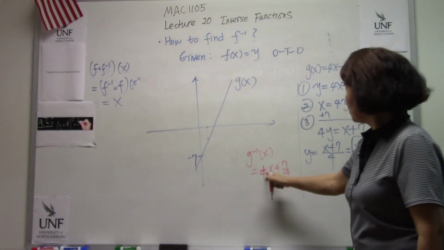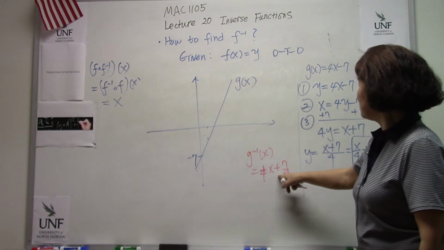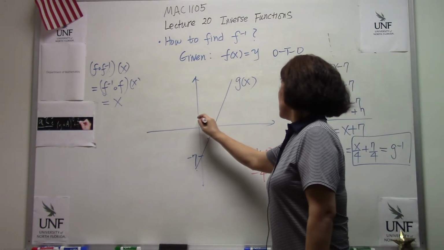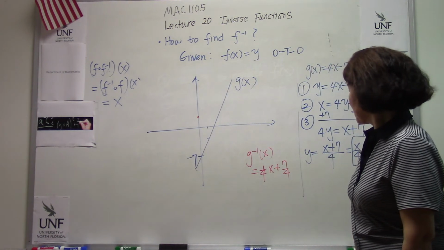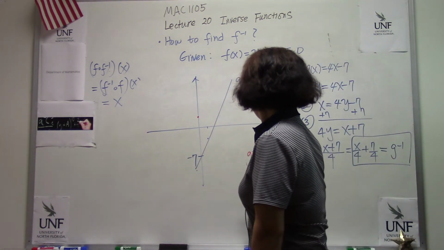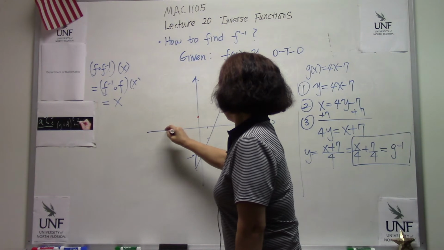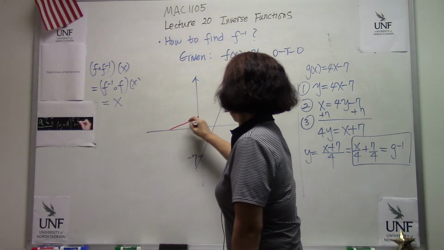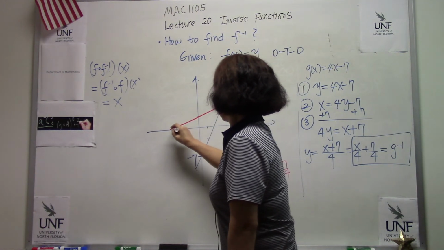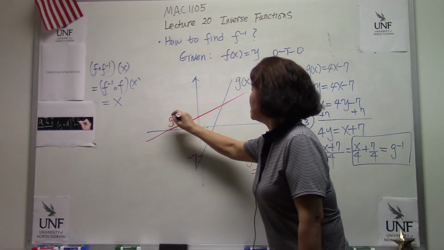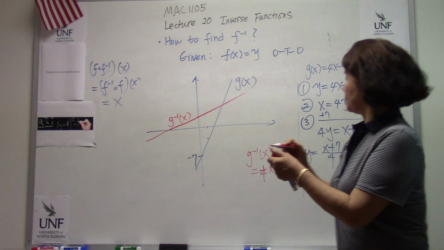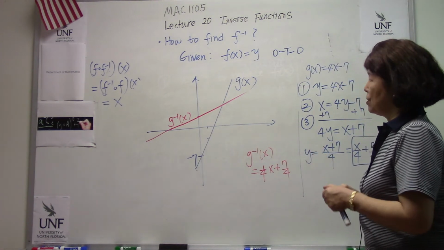The slope is just 1/4 and the y-intercept is 7 over 4, just a little less than 2. And the slope is 1/4, so it's very moderate growth like this. So this red one is g inverse. The blue one is g of x.